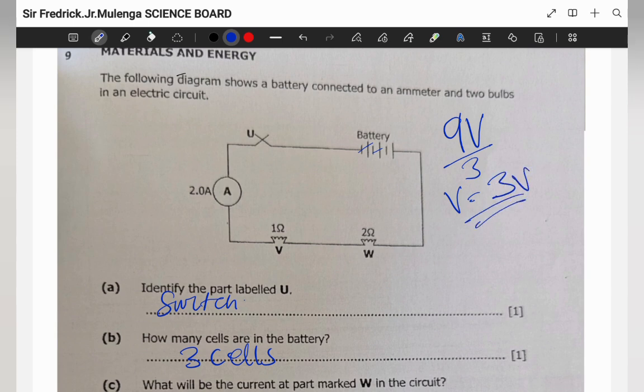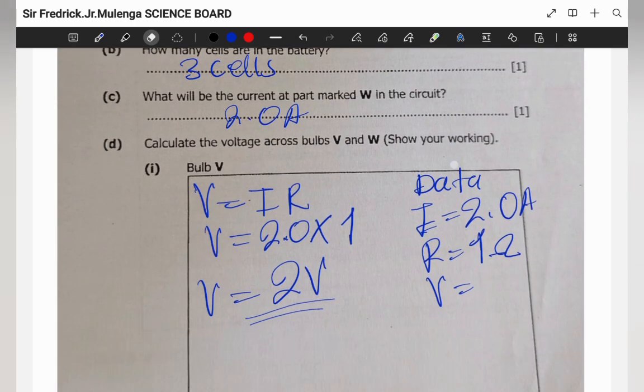So that's similarly what we are going to do here. Since we found the voltage across each of these resistors, we are going to find the total voltage and we are just going to add. So when we add the voltage at each resistor, we find the total and divide by the number of cells that we have.